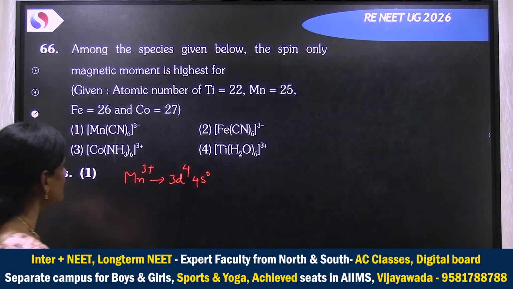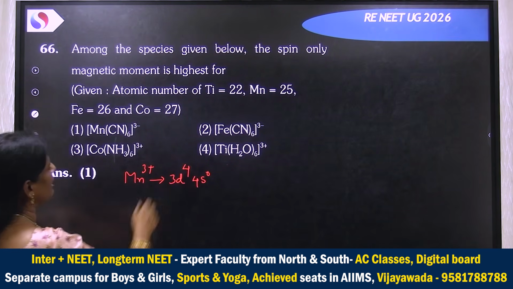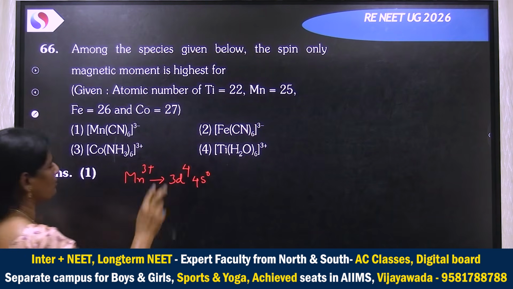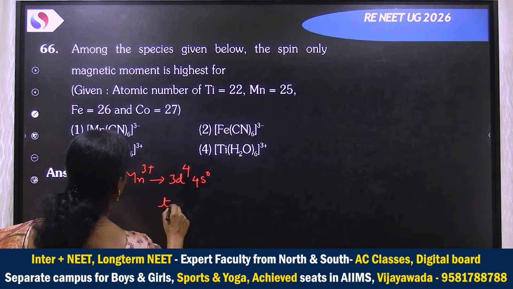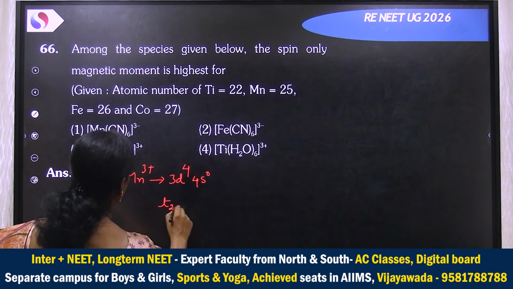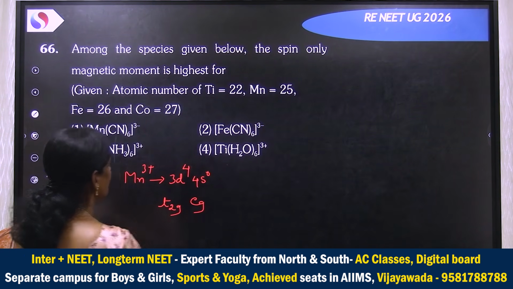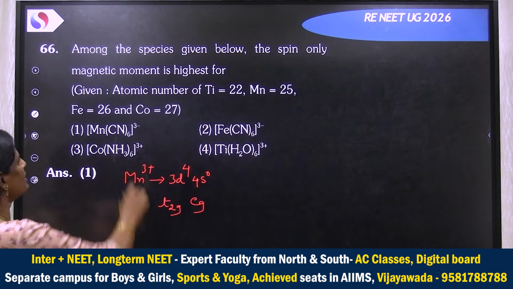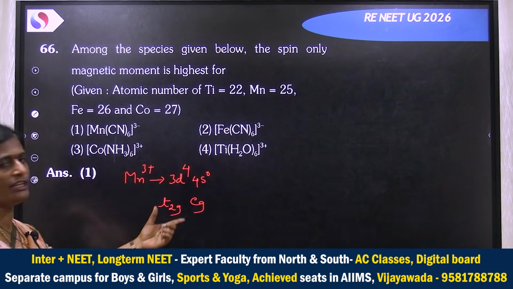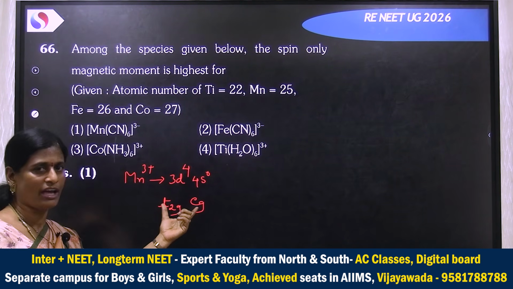Because CN- is a strong ligand, the 5 d orbitals split into 2 different energy levels, t2g and eg. t2g is the lower energy level and eg is the higher energy level. Because it is a strong ligand, the energy gap between t2g and eg is very large.